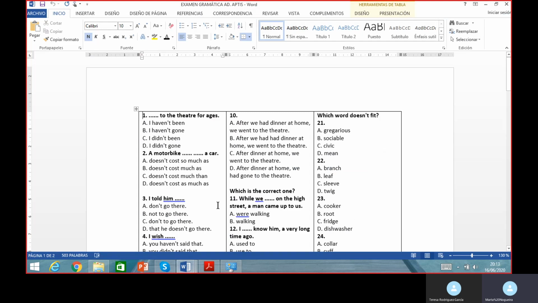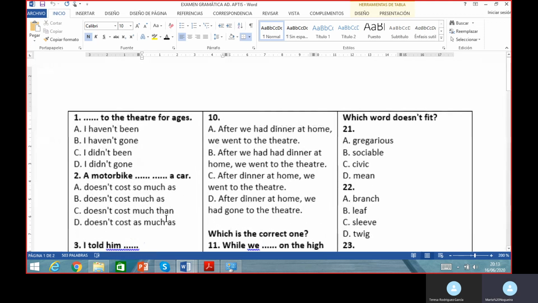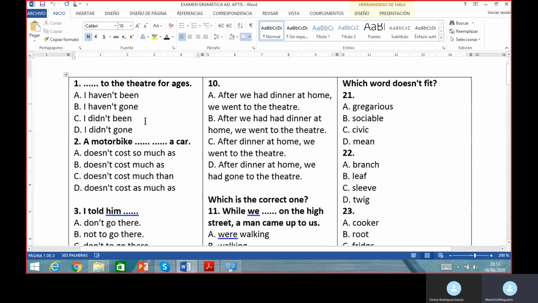Okay, perfect. I'm going to be correcting it, and I'm going to try to explain why the answer is the one that it is. So let's see. I'm going to make it bigger. The first one is B. Why do we know that it is B?